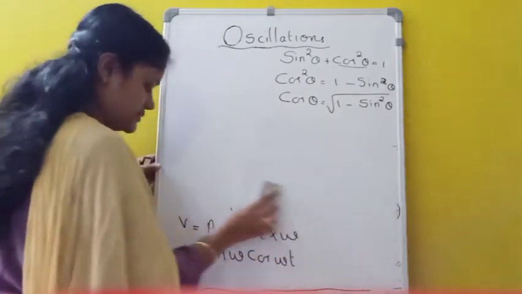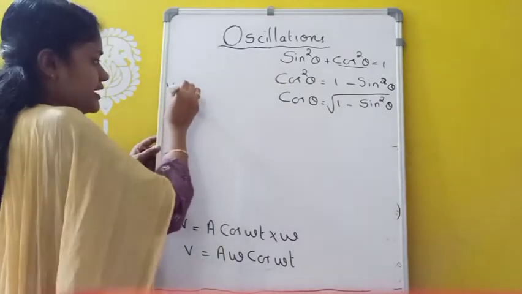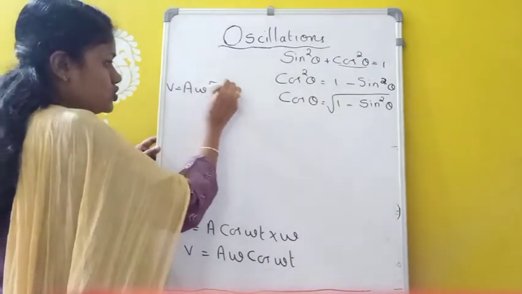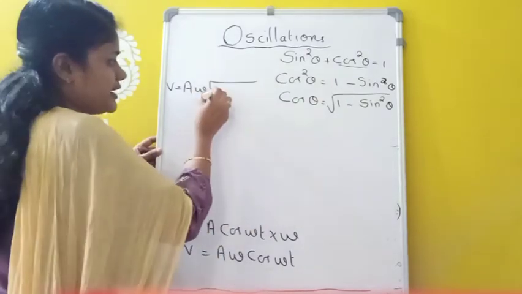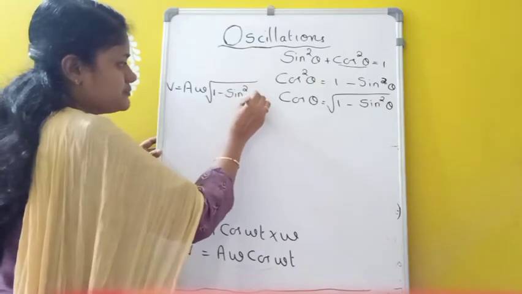So you can write v equals a omega into root of 1 minus sin square omega t.